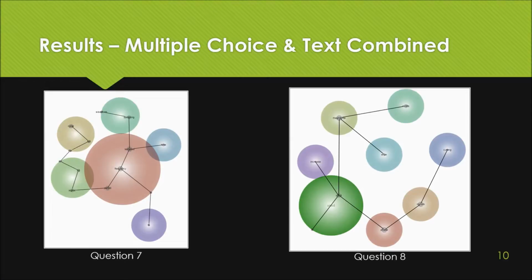One other insight we looked at from just the text component, we looked at 2 questions here from that sampling area. So question 7 on the left and question 8 on the right hand side. These diagrams here represent different concepts that the students talked about in the question and the links and relationships between them.